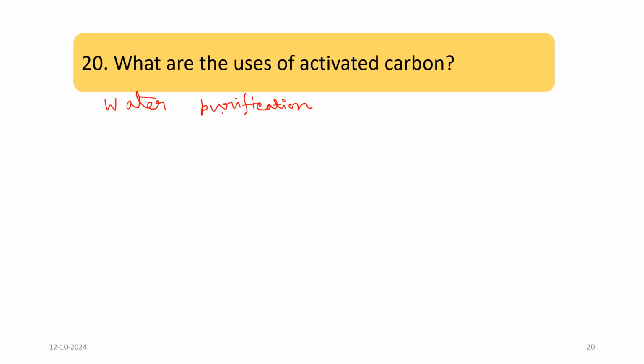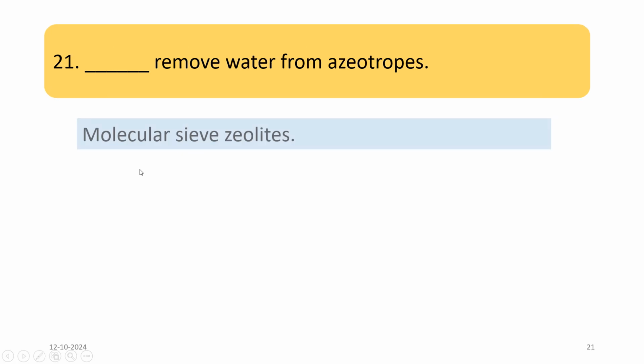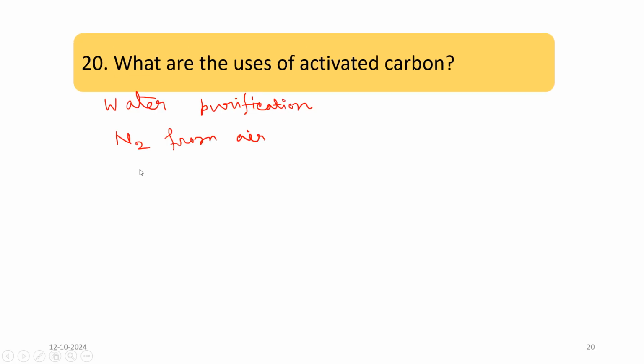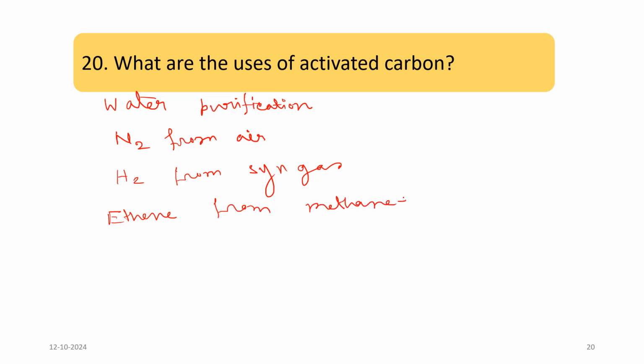Hydrogen from syngas. Ethene from methane plus hydrogen. Vinyl chloride from monomer. From air.